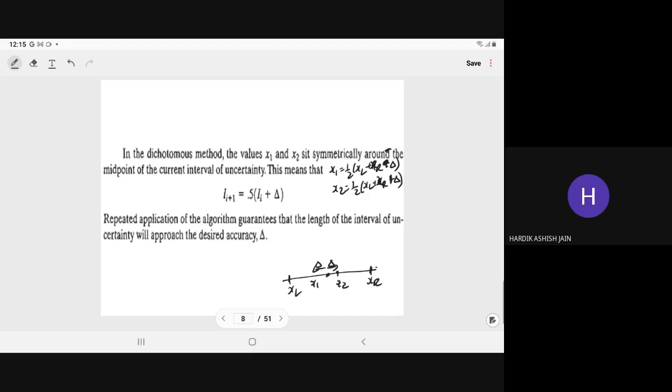Repeated application of the algorithm guarantees that the length of the interval of uncertainty will approach the desired accuracy delta, which is how much accuracy you want in your search.